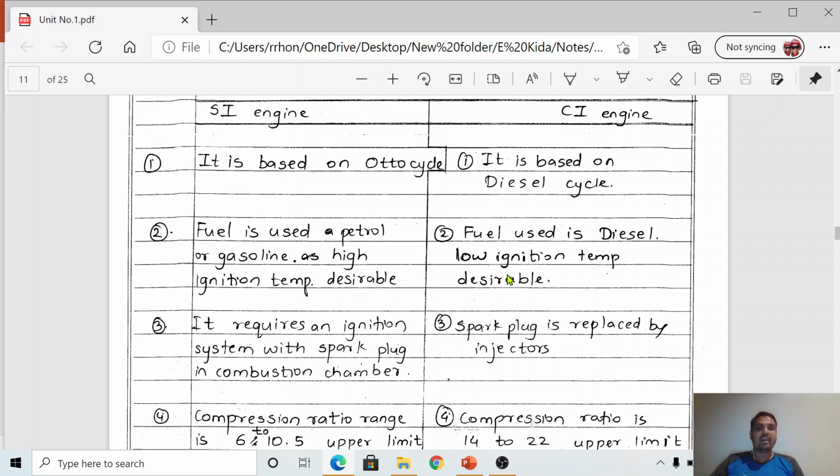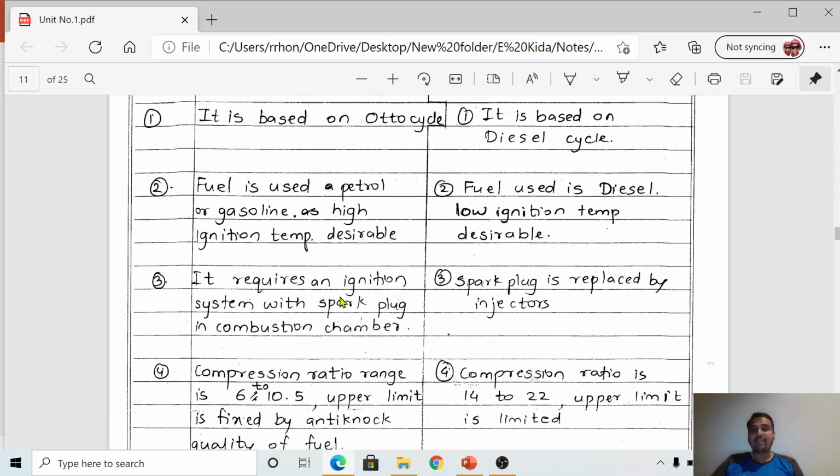So this is the second difference: in SI engines we use petrol as a fuel, and in CI engines, diesel. Petrol has the property of a very high ignition temperature, which is desirable in SI engines, and in CI engines a low ignition temperature is desirable, so diesel has this property. That's why we always use diesel for CI engines.